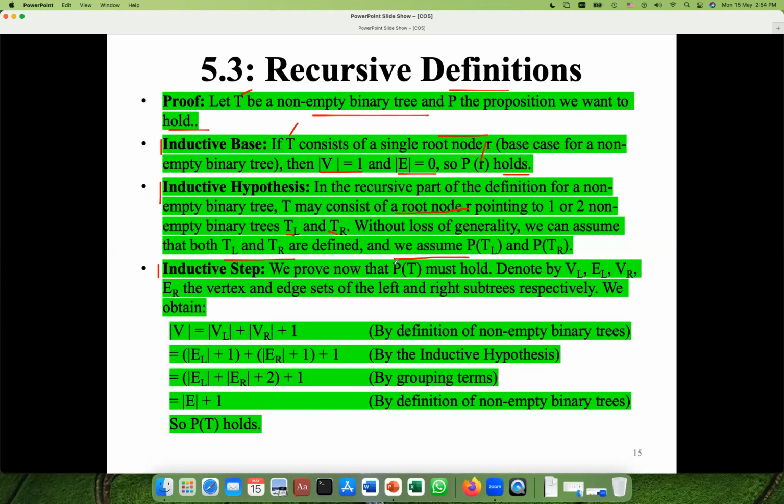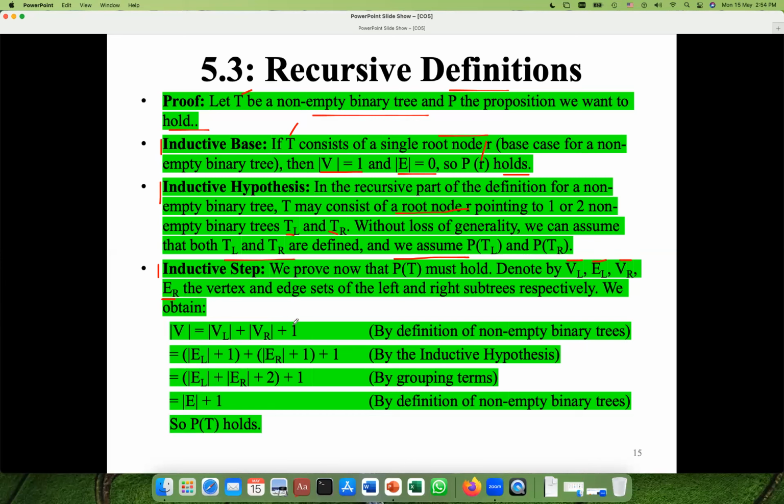But to prove that, suppose that VL is the number of vertices for the left binary tree, EL is the number of edges for the left binary tree, VR is the number of nodes for the right binary tree, and similarly, ER is the number of edges for the right binary tree.